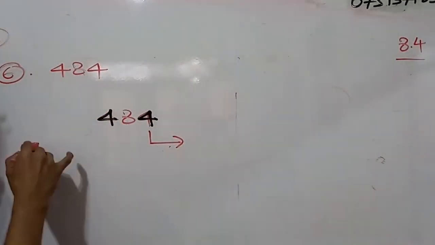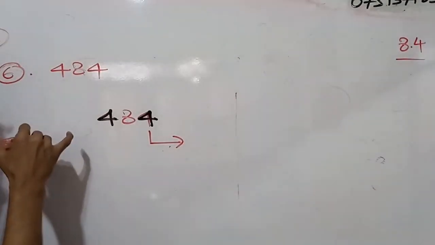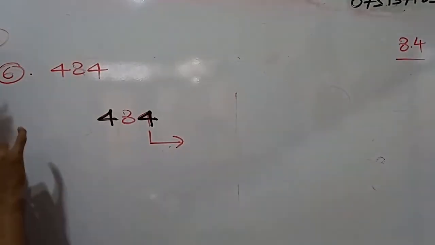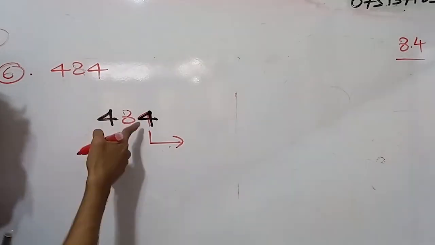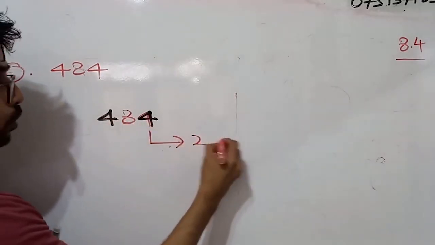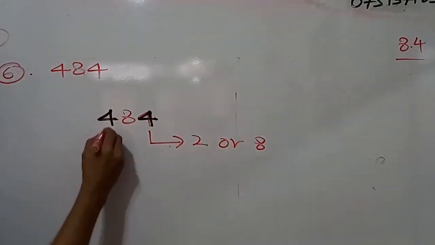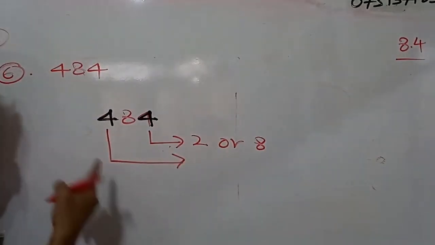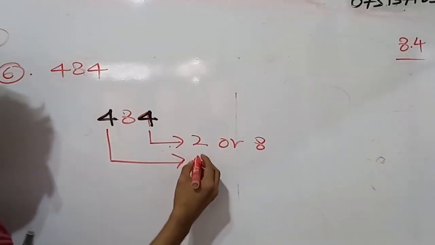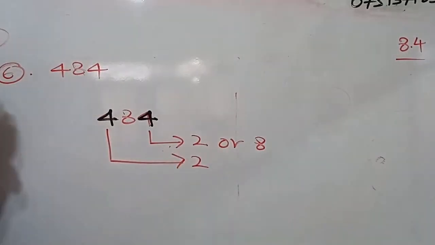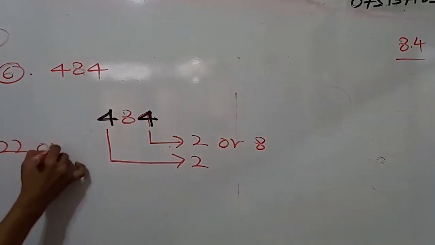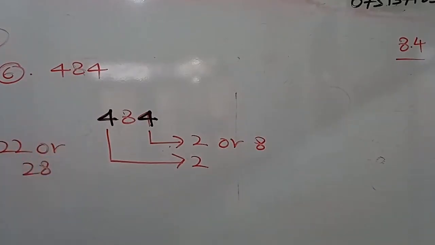So in the square root, ones place of the square root, it can be what? Since this is 4, it can be 2 or 8. And here we have what? 4. So this is a perfect square. What is the square root? 2. So the number can be either 22 or 28.